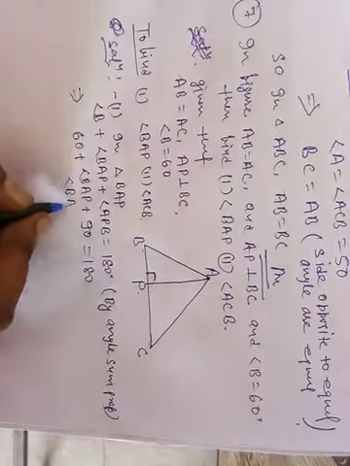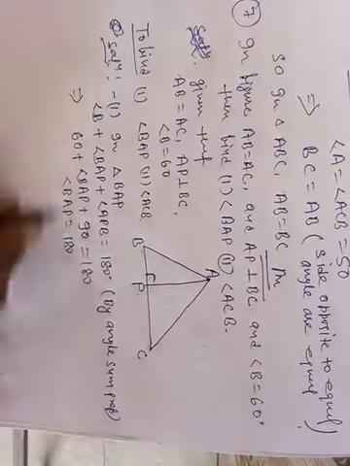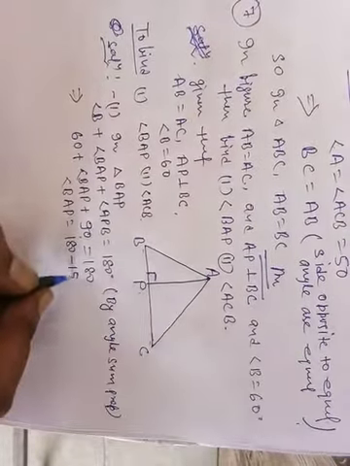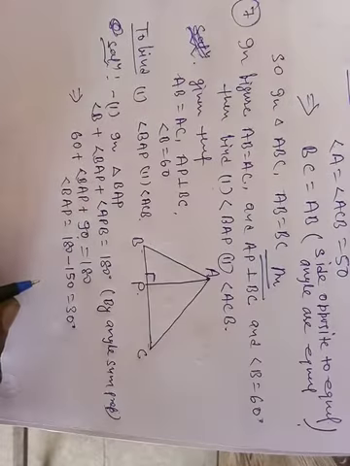So angle BAP is equal to 180 minus 90 plus 60, that is 150, that is 30 degrees.